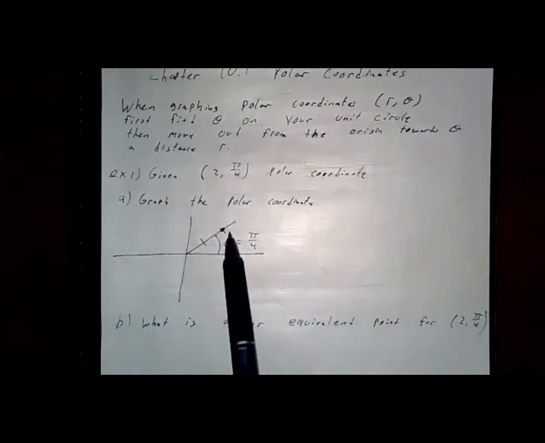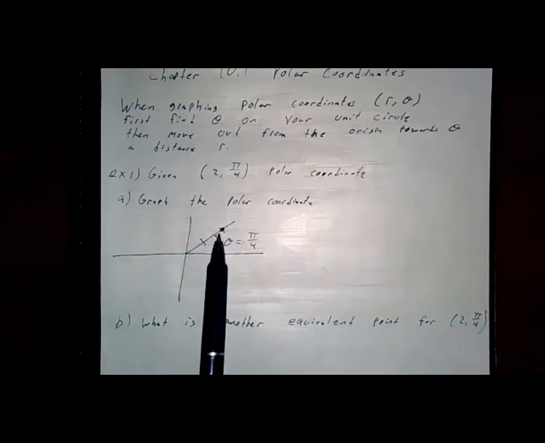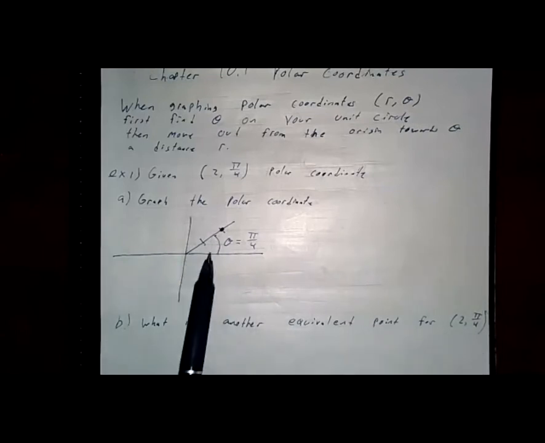So I should be able to get there with a different angle. What do you guys think? Finding the reference angle. So what point would you suggest to land here again? Instead of 2 comma pi fourths, what is another way that I can land there?